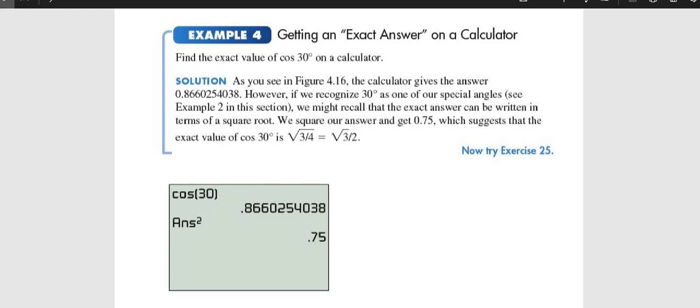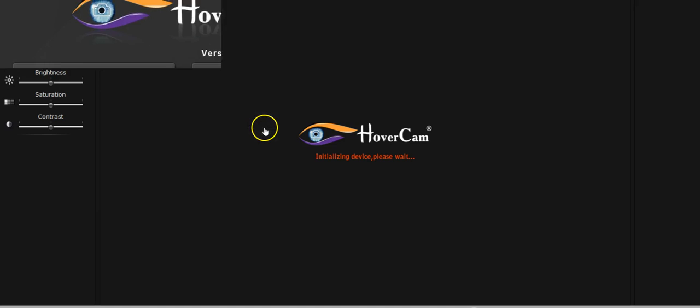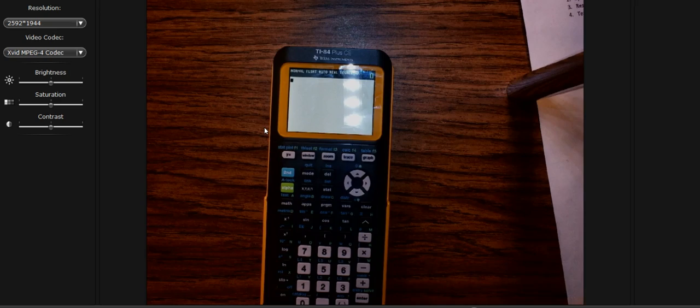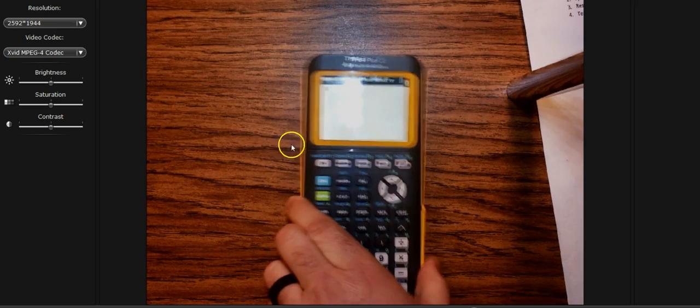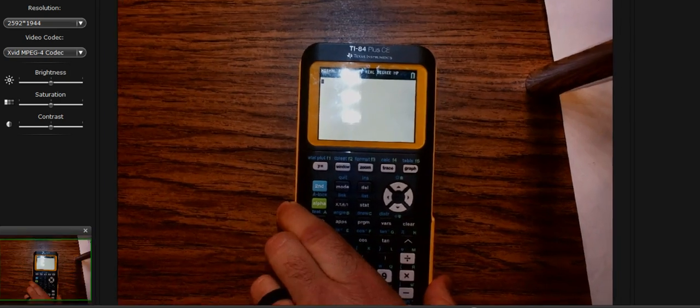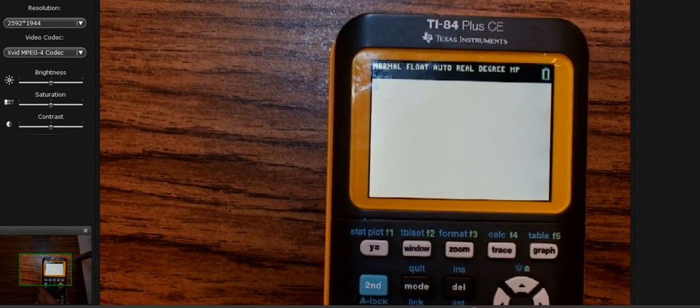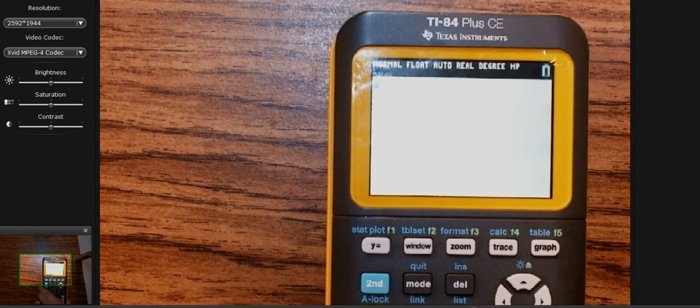Let's get this open. Come on. Alright, let's zoom in on this.